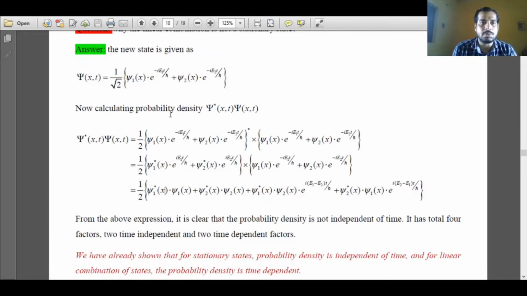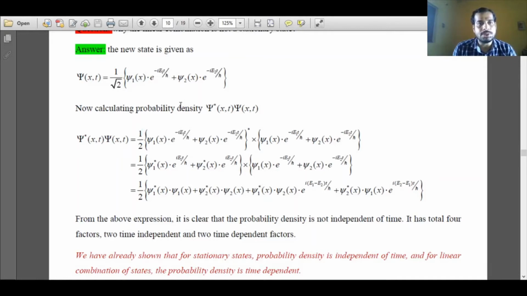This means the probability density of a linear combination of states is time dependent, because two terms are time independent and two terms are time dependent. So in general the probability density is time dependent.